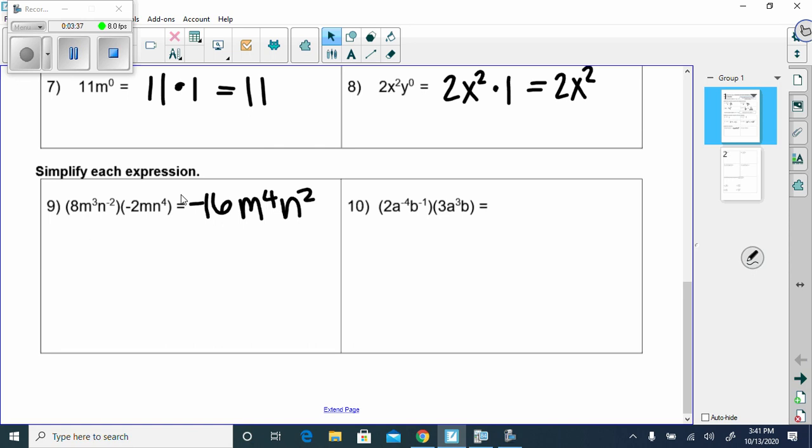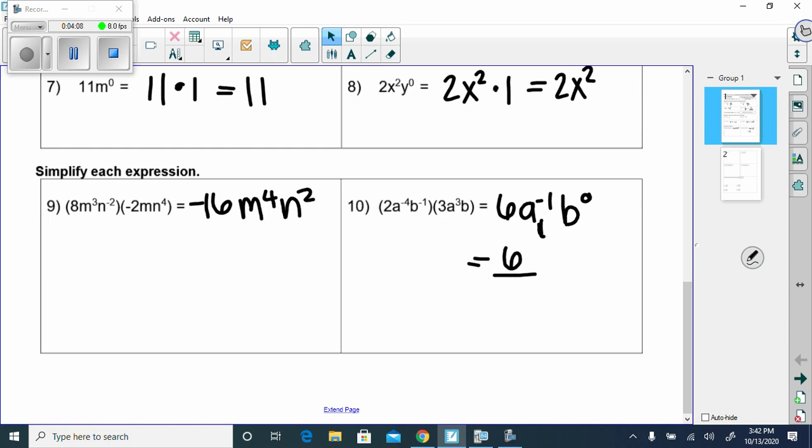Alright, number 10, what do I do first? Which gives us, alright, and then again we're adding exponents, right? So, right, because negative 4 plus 3 is negative 1, so a to the negative 1. Right, negative 1 plus 1 is 0. Okay, but we can't leave it like this. Put the 6 on top and then a on the bottom.